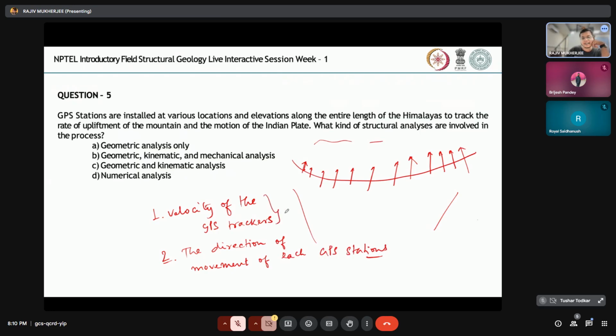So velocity is important because it gives us the kinematic analysis.